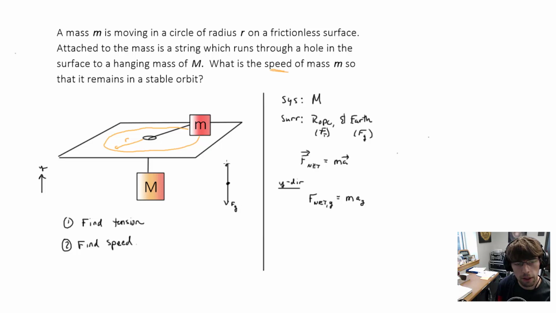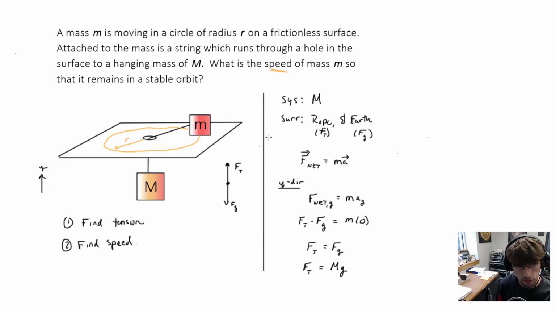Because we're talking about a stable orbit, that means my tension force better be the same as my gravitational force. So we have Ft minus our gravitational force, and the stable orbit means that my acceleration should be 0. So we get Ft is equal to the force of gravity, and substituting in our actual definition for the gravitational force, we end up with Mg.